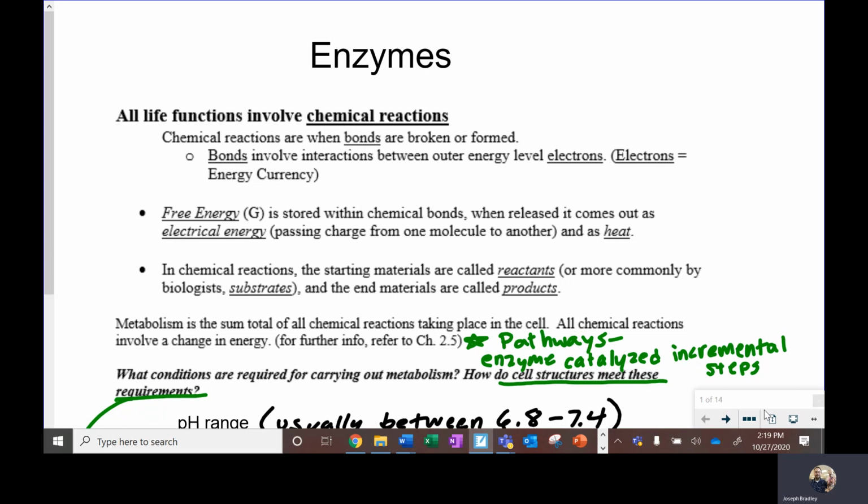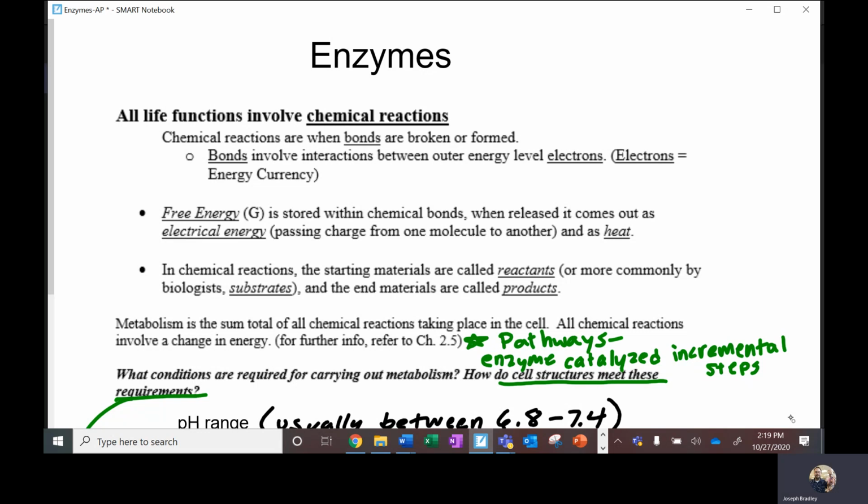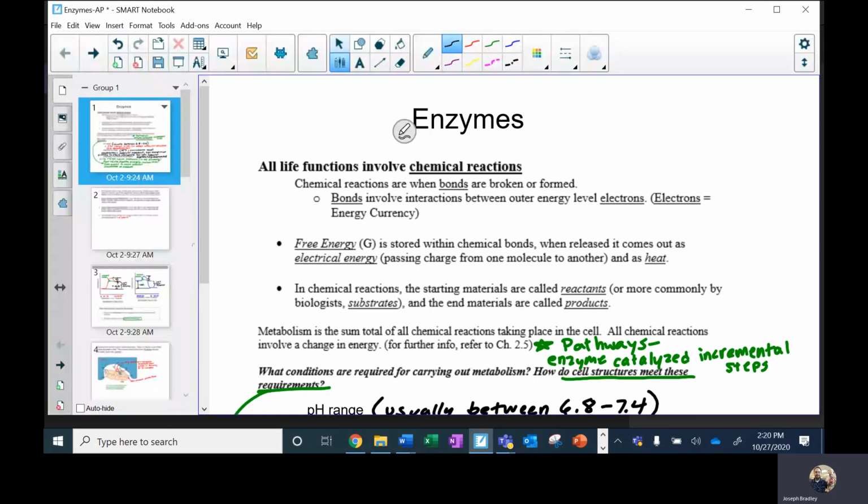One of the things that we could potentially talk about with regards to chemical reactions is the fact that they often require too much energy to be added to happen in one little step. So they happen in incremental steps.